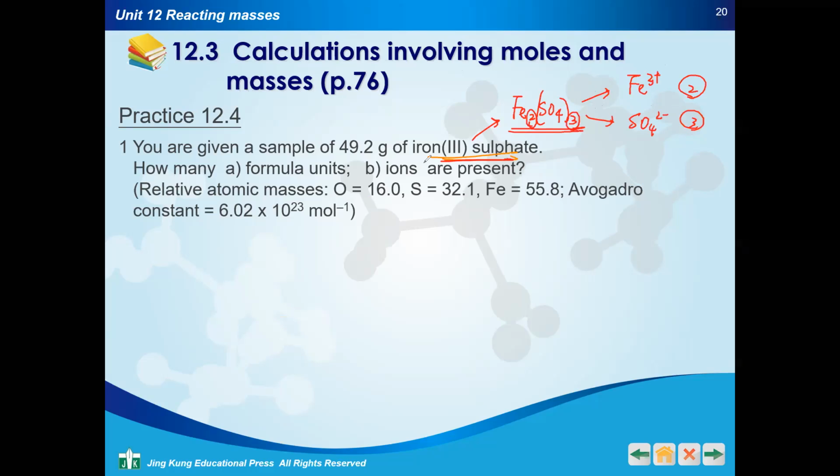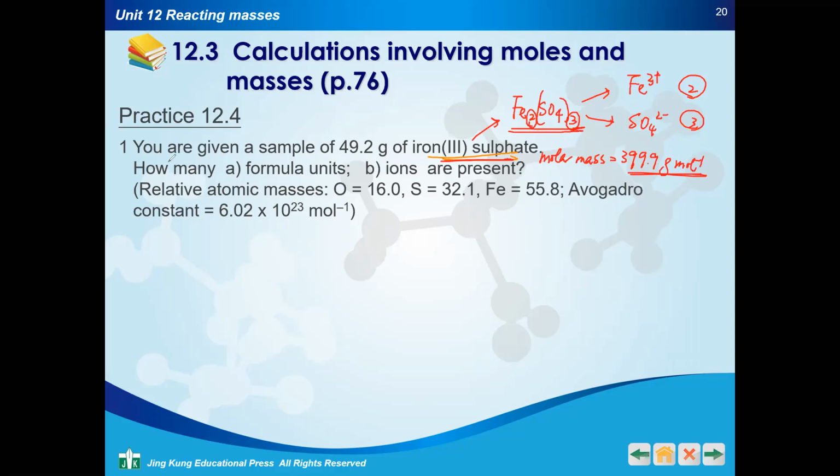What other information do you need to know? It will be the molar mass of iron(III) sulfate, a very large number, 399.9 grams per mole. Now all those data should be enough for you to find out the answer.